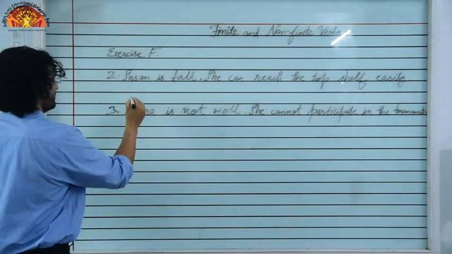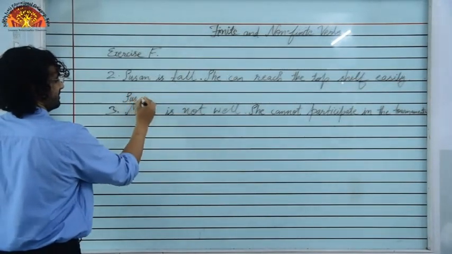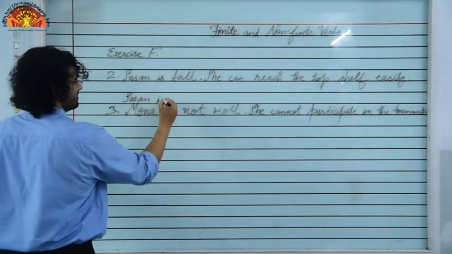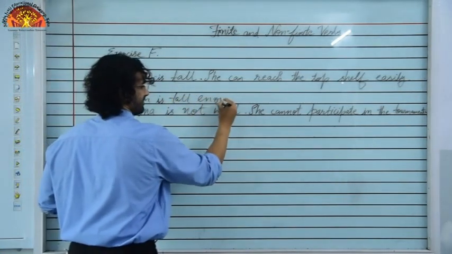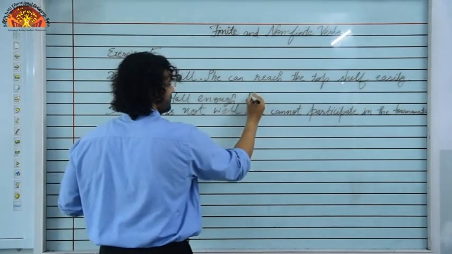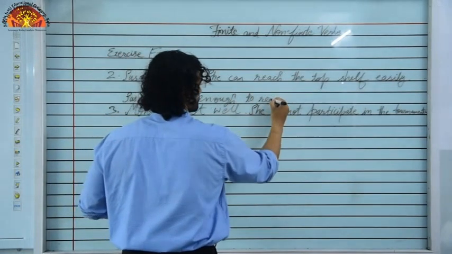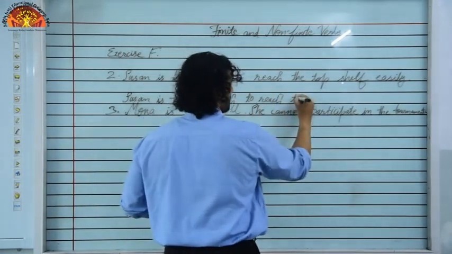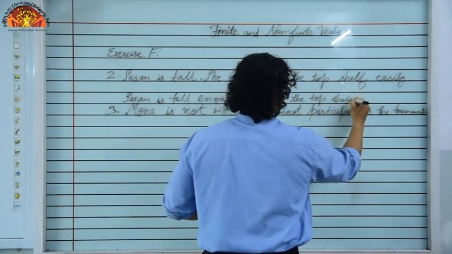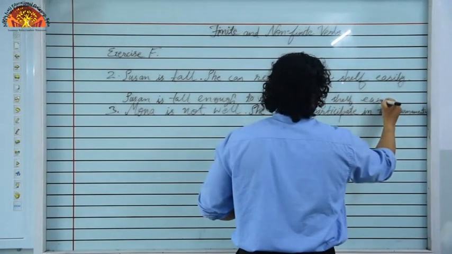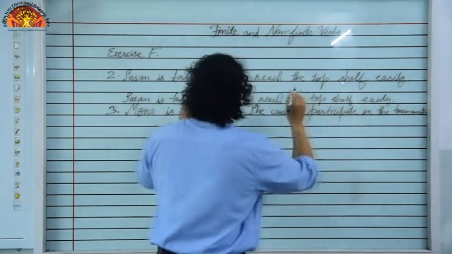So Susan is tall enough to reach the top shelf easily. These were two sentences.